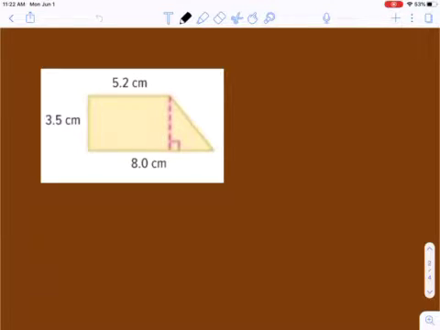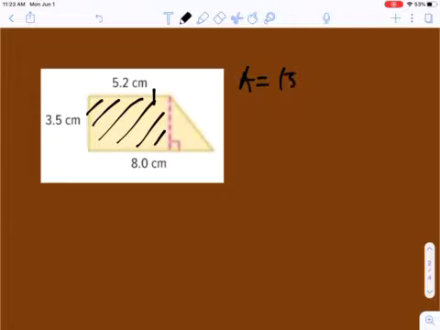So the first thing you've got to figure out here is we've got this rectangle. If I try to find the area of that rectangle, this is its length right here. So its length is 5.2 centimeters. And be careful, because this 8.0 centimeters is for this whole thing.